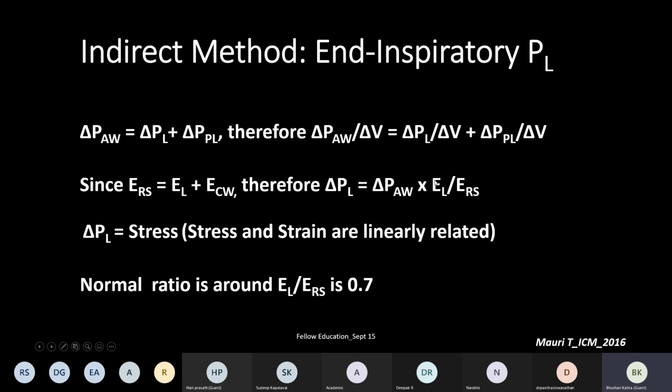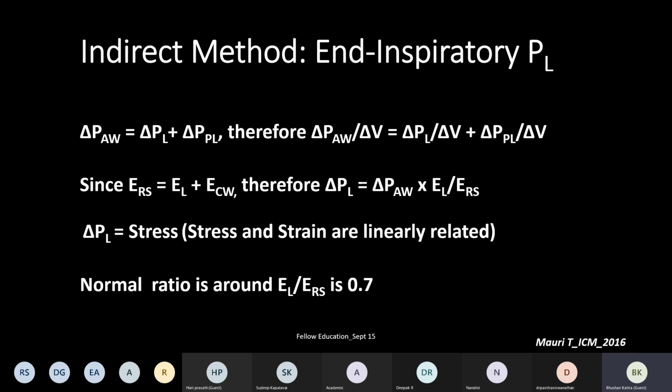So if you know the ratio of elastance of lung to elastance of respiratory system, then you will know what the driving pressure of the lung is like. Driving pressure of the lung is the stress applied to the lung. The stress and strain are linearly related, as we know. The normal ratio of EL to ERS is 0.7, which means lung takes maximum part of the respiratory system. 70% goes to lung, 30% to the chest wall.